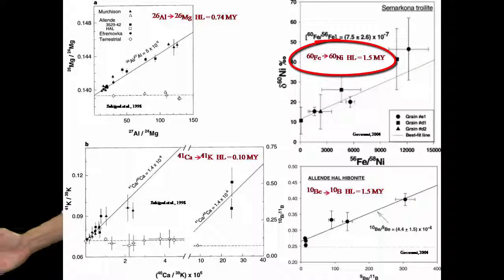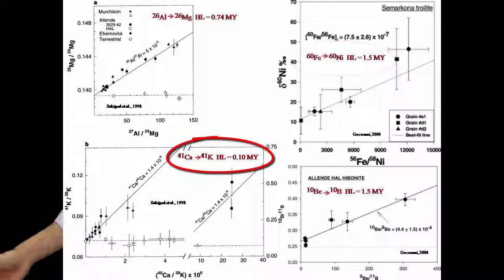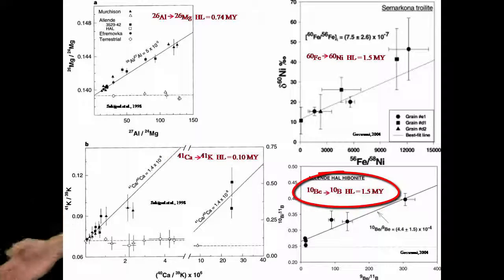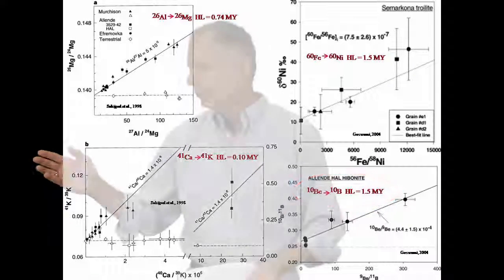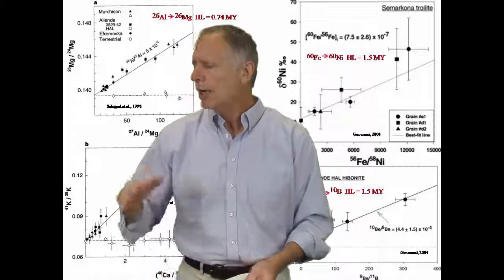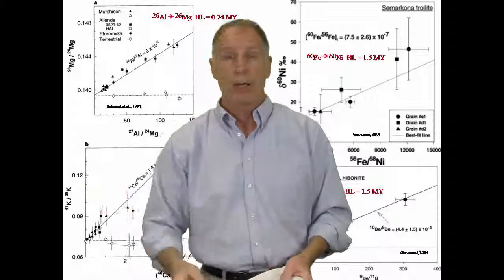Iron-60, which goes to nickel-60, you can see there. Calcium-41, which decays to potassium-41. And beryllium-10, which decays rapidly to boron-10. So as you can see then, a lot of evidence for a supernova nearby our solar system.